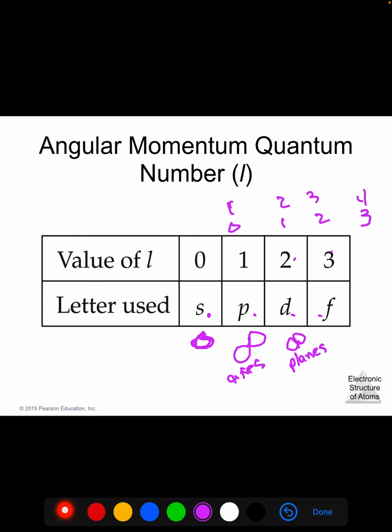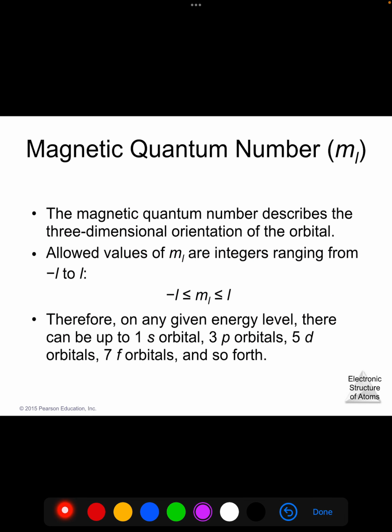And the F, they always say, are more complex, so we won't describe them, but I'm going to show you pictures of the F orbitals. They're not that complex. They're just not something you would encounter in geometry. And then the three-dimensional orientation of these orbits.